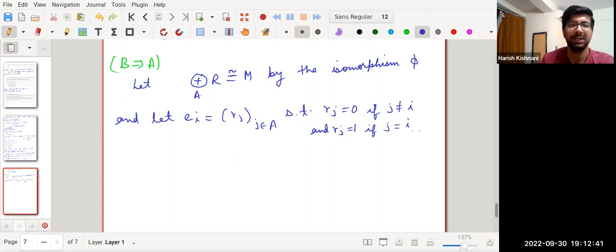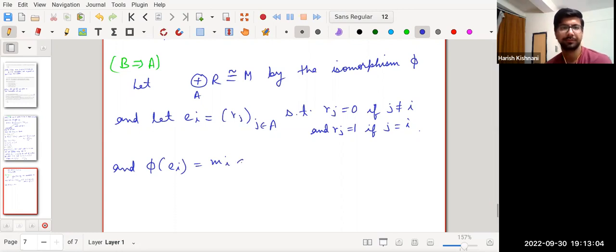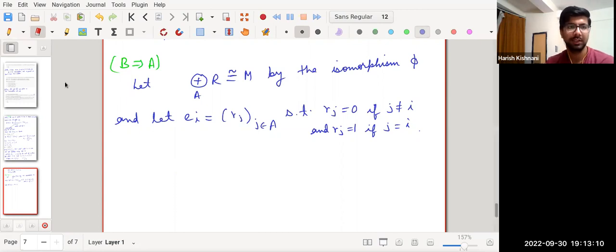So at the ith place you will have 1, and except this you will have 0. Let E_i be this, and phi of E_i is M_i.